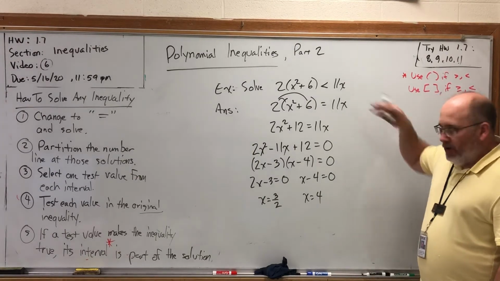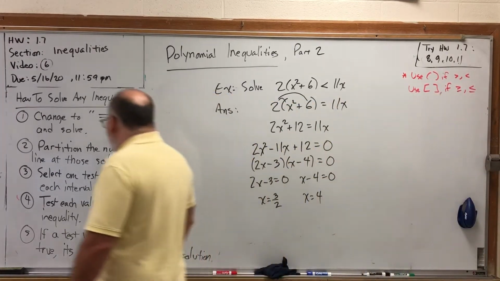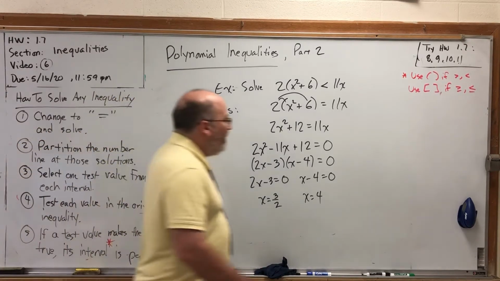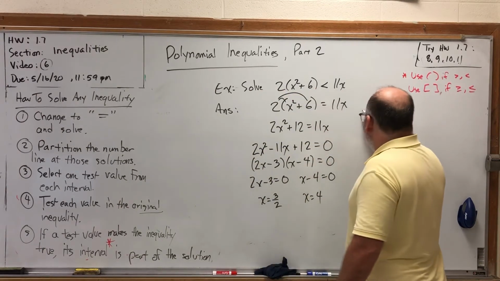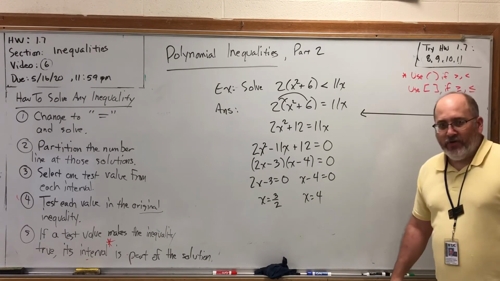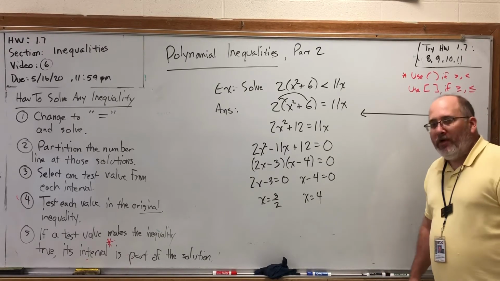But we're in the midst of solving an inequality, and everything we've just done is step 1 in how to solve the inequality. What do we do with the solutions we just found? We use them to partition the number line. As a verb, partition basically means to cut into pieces such that all the pieces together recreate the entire whole.